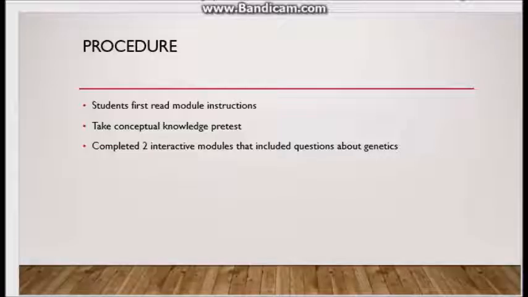So first, the students were given instructions about how to use the module, and then they were given a conceptual knowledge pretest, which asks genetic-based questions that they may or may not have already known. And then the students were prompted to actually complete the modules.